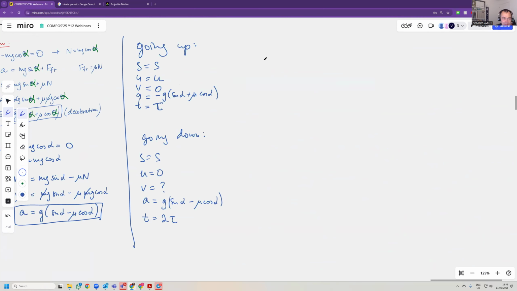Well, there is an equation like this: s is equal to vt minus 1/2 at squared. So s is equal to plus 1/2 g (sine alpha plus mu cos alpha) tau squared. Should acceleration going down also be negative?